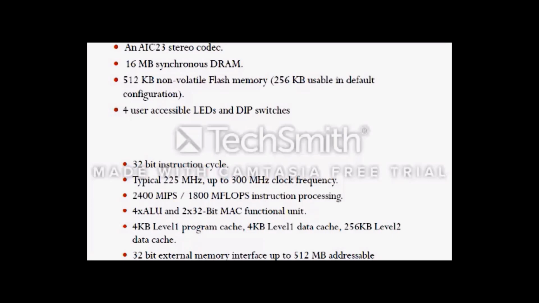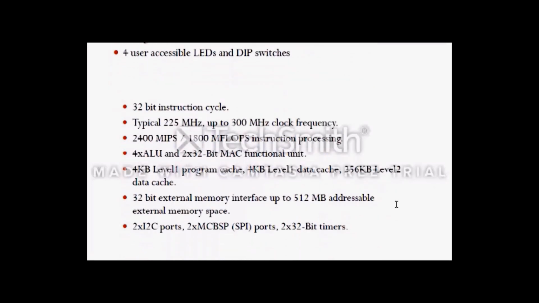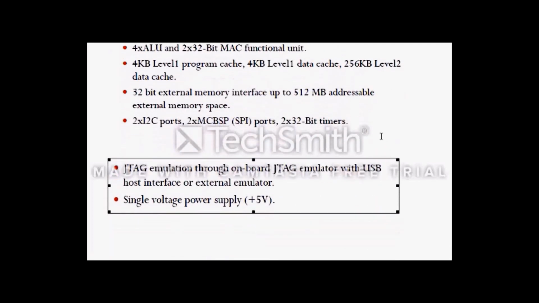And we have a program cache and data cache with different sizes, and also we can expand the memory externally up to 512 MB, and we have I2C port and multi-channel buffered serial port, and we have two 32-bit timers. And as I mentioned, JTAG emulator is used to do the debugging for hardware programs.